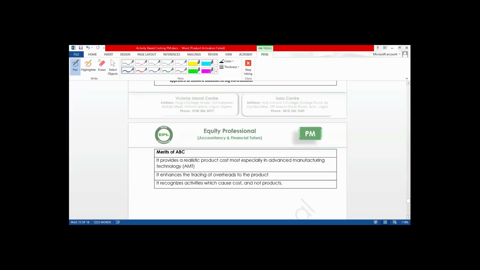Modern manufacturing environment is largely driven by technology, not labor force. Activity-based costing is more appropriate to account for overhead costs in modern manufacturing environment.